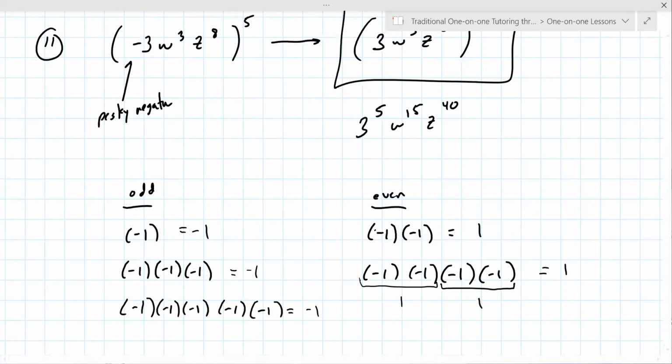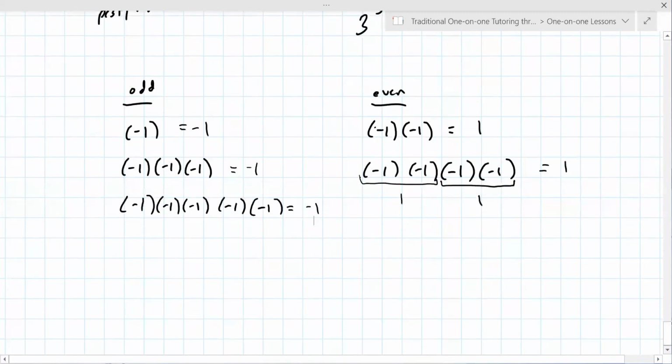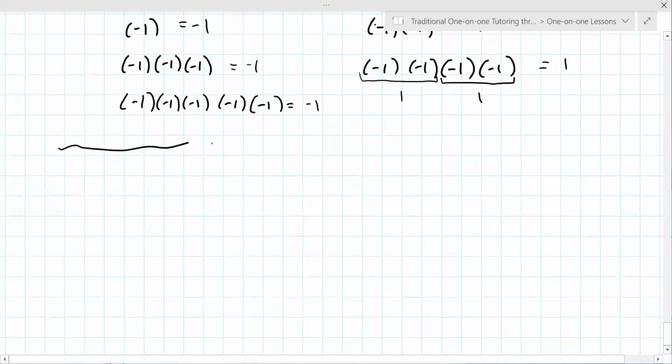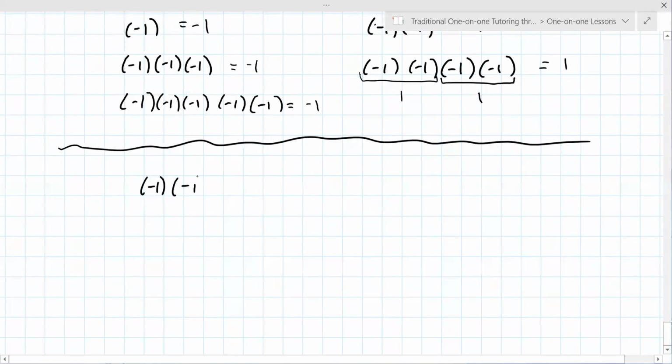Okay, let's try it differently. Okay, do you agree that -1 times -1 is 1? Can we start with that? Yeah, I could get that. Okay, so -1 times -1 times -1. If we take these first two, what do these first two equal?